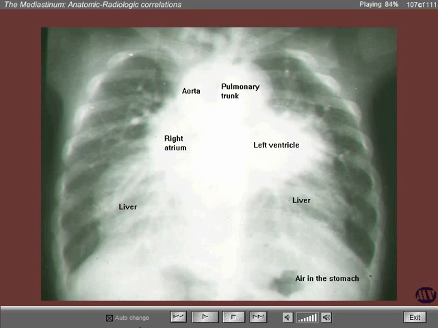This is an unusual case where the water density heart and the water density liver were indicative of a mass, and we could not separate one from the other on plain x-rays. And the clinical clue that the baby had a scaphoid abdomen pointed towards the possibility of a central herniation of an intra-abdominal organ, in this case the liver, in the chest.